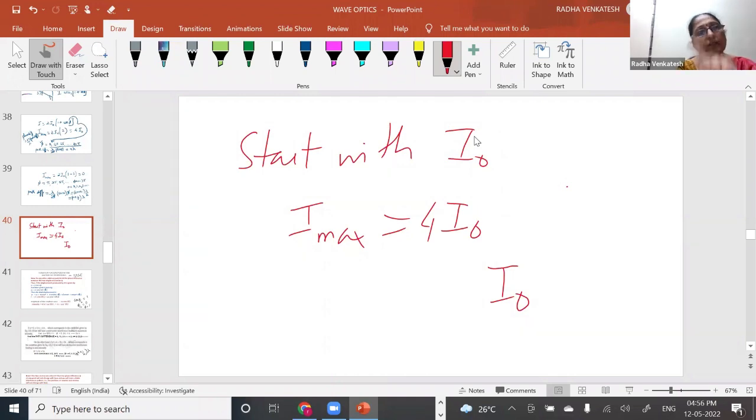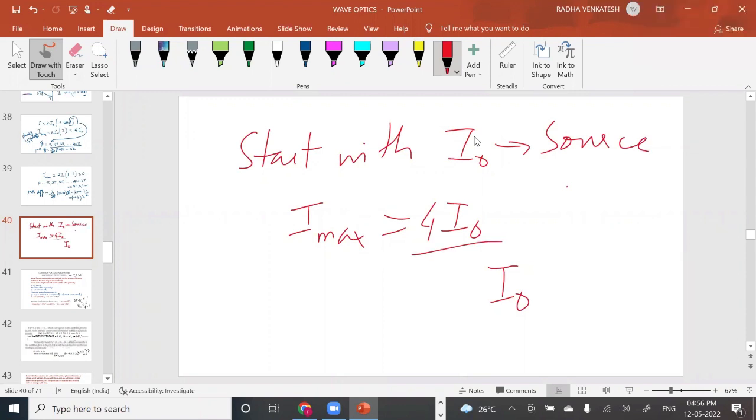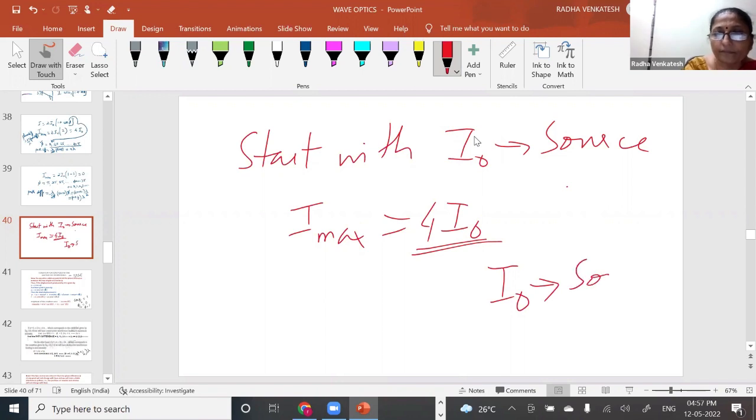So what would be the source's intensity? If I start with the source as I naught, I max is 4 times I naught, correct? But if I max is I naught, then what is the source's intensity?